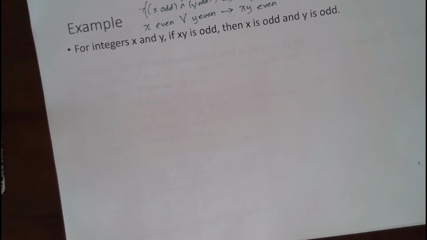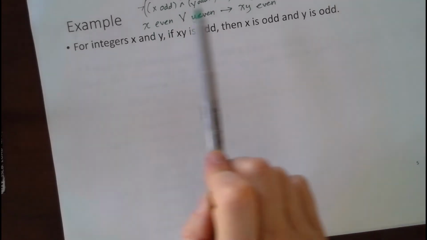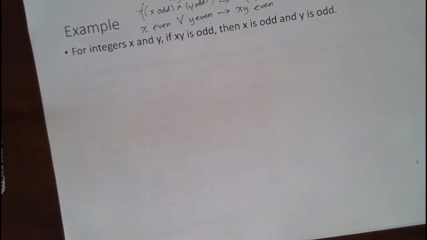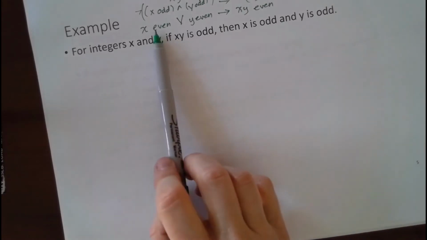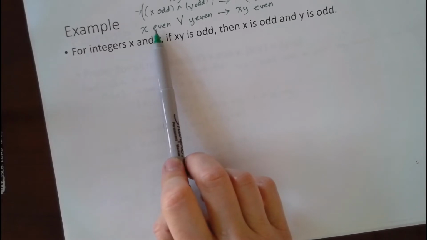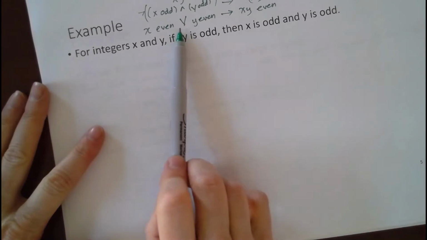If I have an and here, I can just say assume that x is even and that y is even, and I can go from there. Here, it's either this is true, or this is true, or they're both true. So unfortunately there are three cases. There are three ways for this to be true.